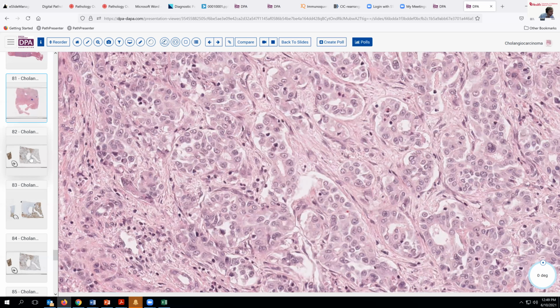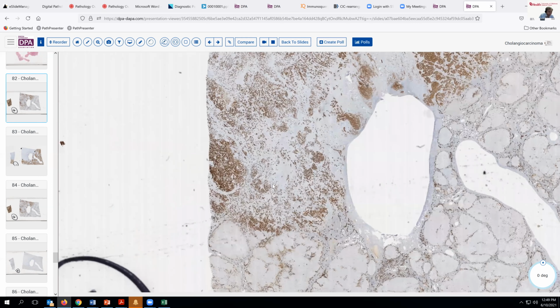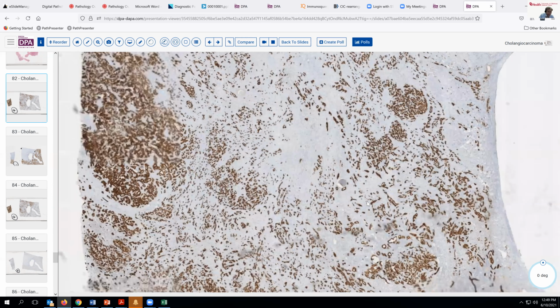So the immunohistochemical pattern that we would associate with this is this pattern. This is, as you can see, not Hepar. This is CK7, and it stains these cells quite nicely.